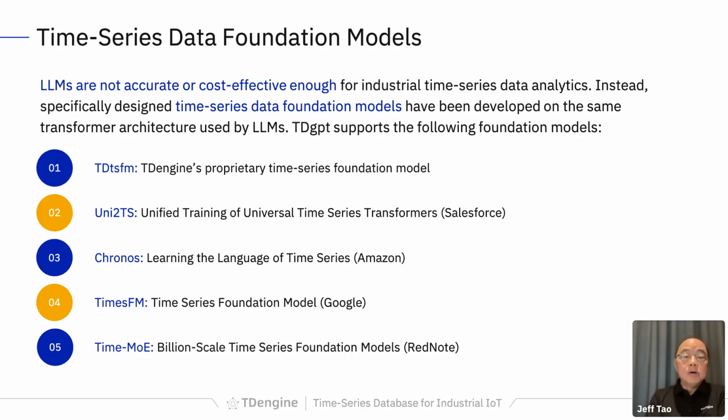Up till now, I think it's the best. They released this just two months ago. It's called Time-MoE. MoE means mixture of experts. MoE is also used by DeepSeek. Anyway, we support all kinds of time series foundation models. You can pick the one you like.